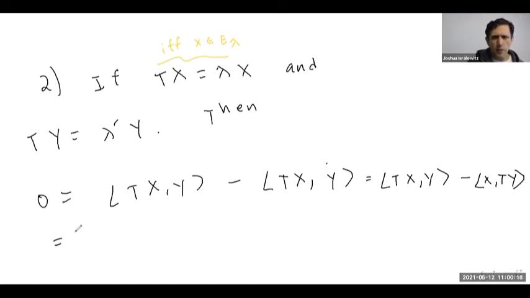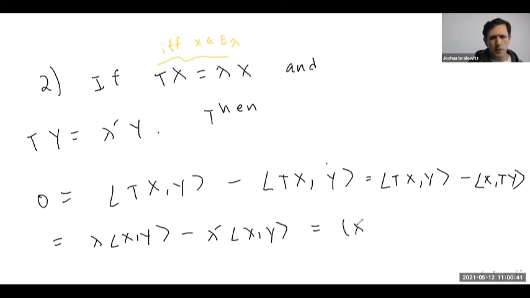So this is going to be equal to Tx is lambda x. Okay. Well, Ty is lambda prime y, and we know lambda prime is real, so there's no need for a complex conjugate.